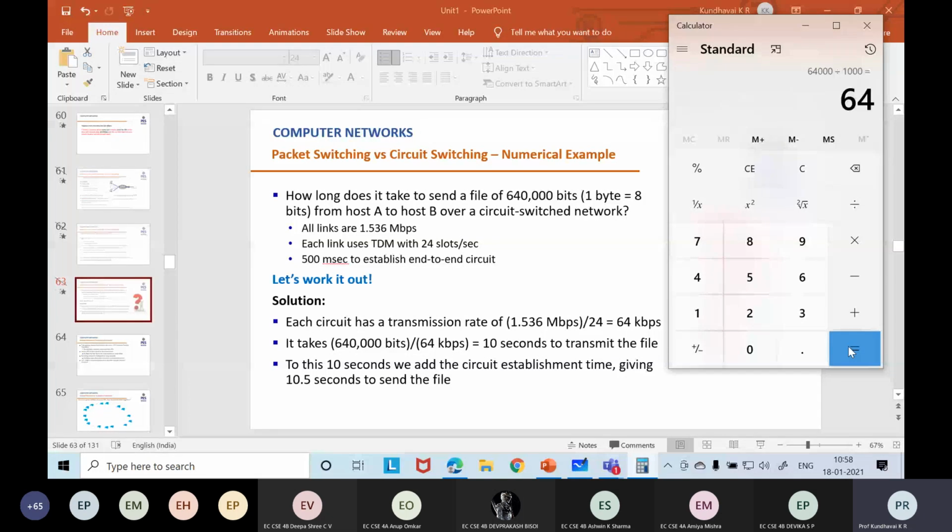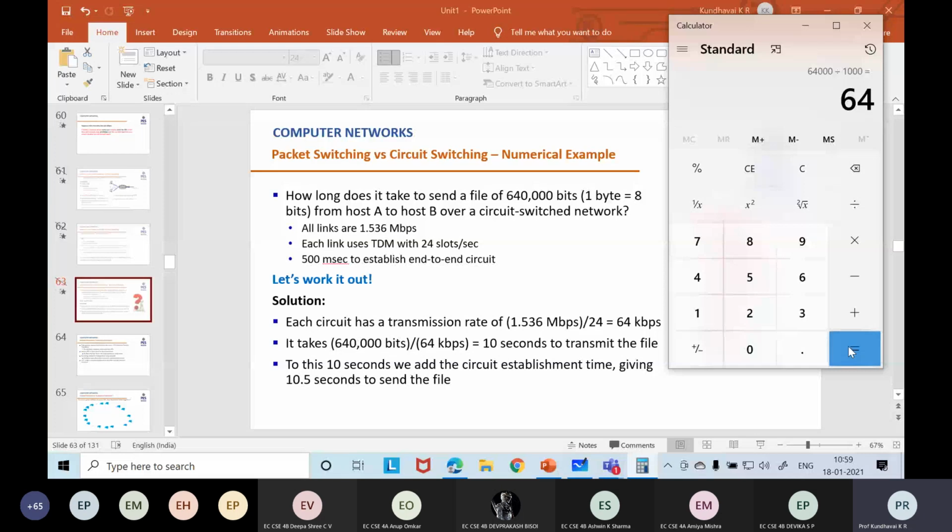So now you have a file of 6,40,000 bits and you have a circuit of 64 kbps. It's easy to find how much time it needs to transmit that particular file.